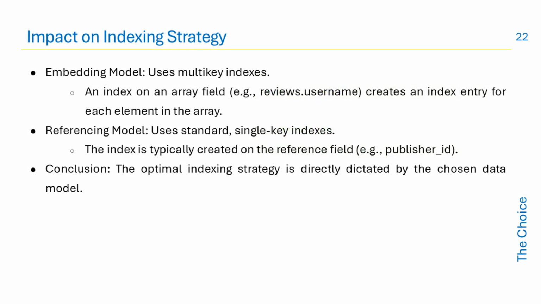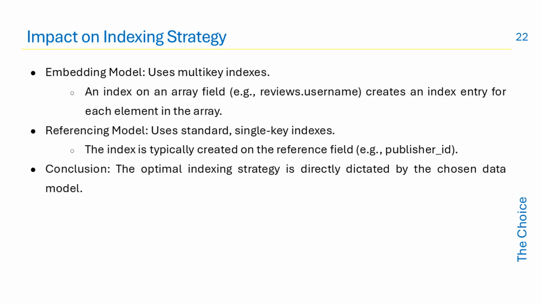The choice between embedding and referencing has a direct and profound consequence on your database's indexing strategy and, therefore, its query performance. It's critical to understand this link. When you use the embedding model with arrays, MongoDB employs a powerful feature called multi-key indexes. If you create an index on a field within an array, like the username inside our reviews array, MongoDB doesn't just index the array as a whole.